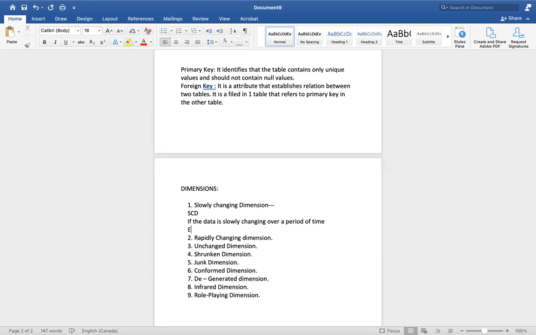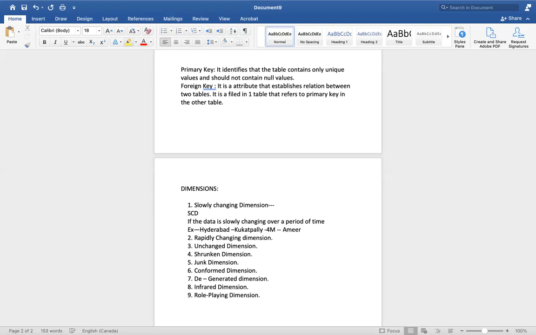So for this example, if you take Hyderabad city, you are living somewhere called Kukatpalli. After some time, like 3 or 4 months, you are changing to another location, called Amirpet.